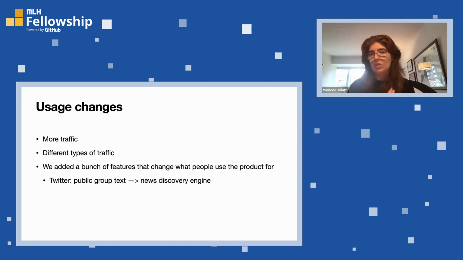And along the way, there was a whole bunch of product changes, a whole bunch of feature changes. But those feature changes also changed the behavior of the users, which changed the systems that got hit more often, which changed the scaling. So we can think about usage changes in the traditional scaling use case of like you had 10 users and now you have 1,000 users and now you have 1 million users.